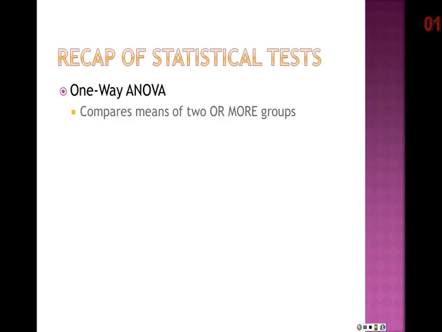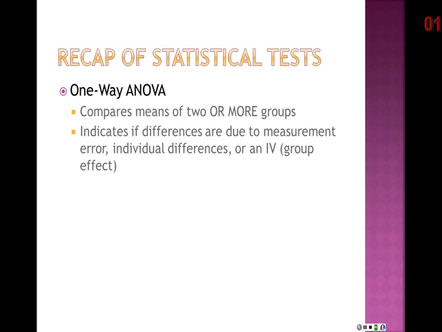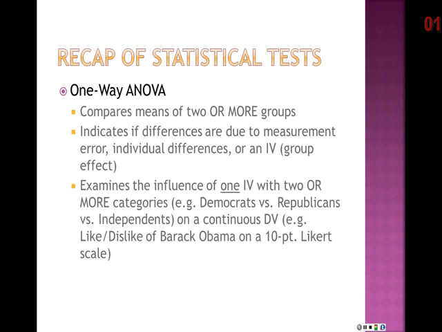One-way ANOVA compares means of two or more groups and indicates whether differences are due to measurement error, individual differences, or an independent variable or group effect. And so in this case, it examines the influence of one independent variable with two or more categories, right?